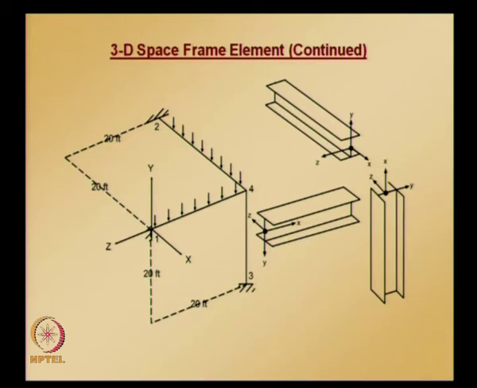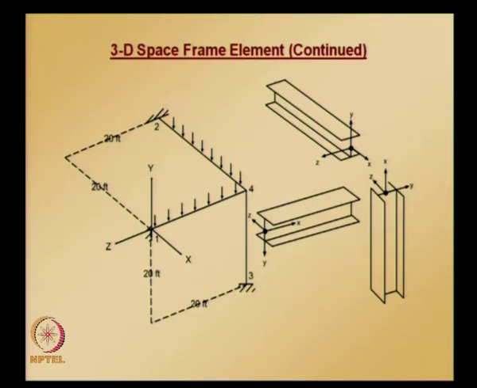So, using the orientation angle method, we can easily find the rotation matrix once we know this angle and the coordinates of nodes 1 and 4.